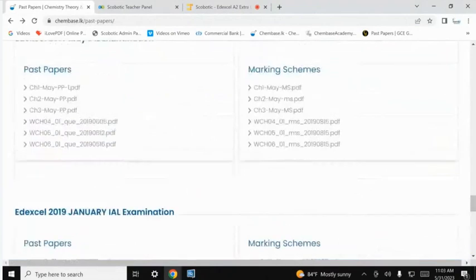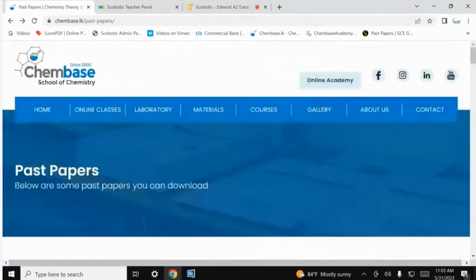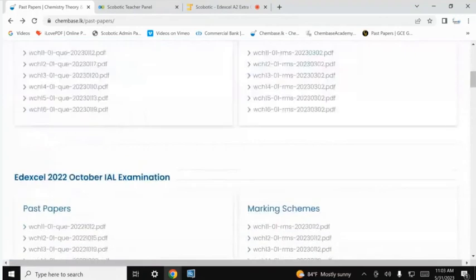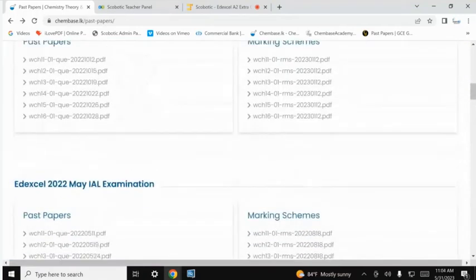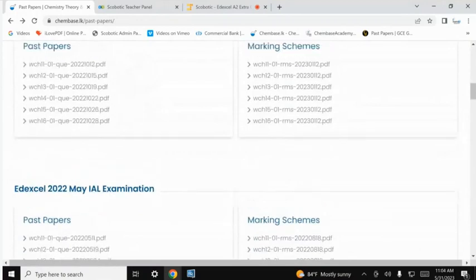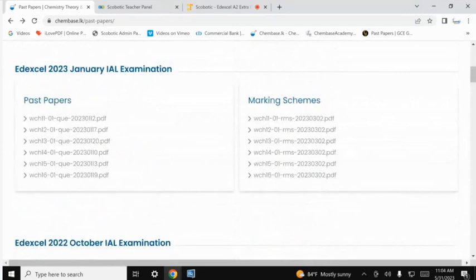If you remember, the recent paper 6s we didn't discuss: we discussed the May paper 6s from 19 to 22, but the October paper 6 and the January 2023 paper 6 I left to discuss last. So just before the exam we'll discuss that. We'll let you know the date, maybe just one lesson we might need next month.